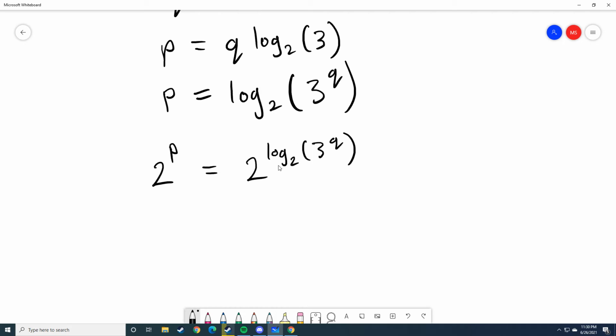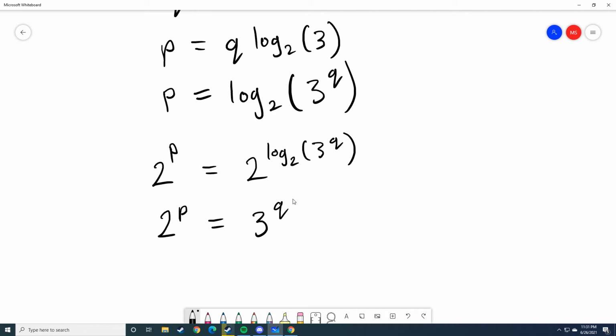Now we know, once again, that if we have a log base 2 here in the exponent, and we have a 2 as the base, those can cancel, and so we get the expression 2 to the p is equal to 3 to the q. So essentially these two cancel and we just get this argument.